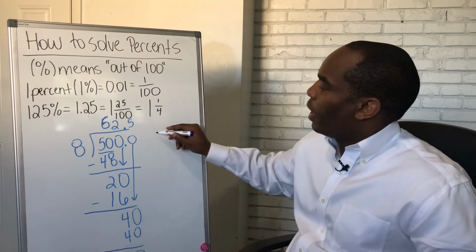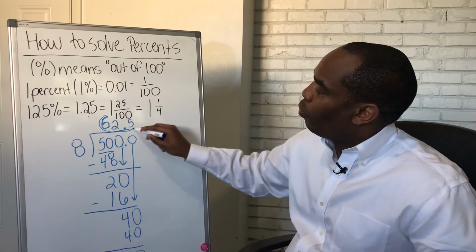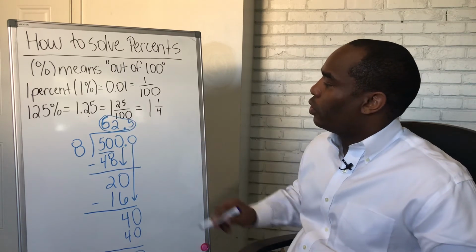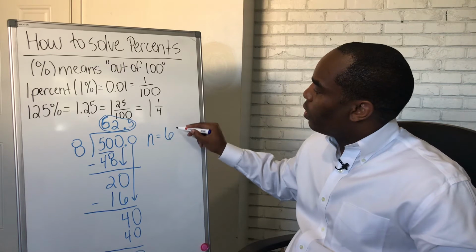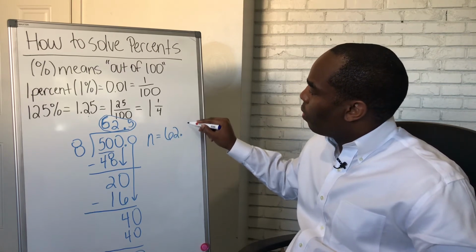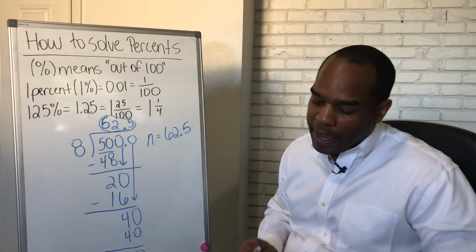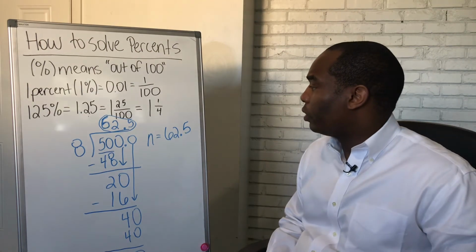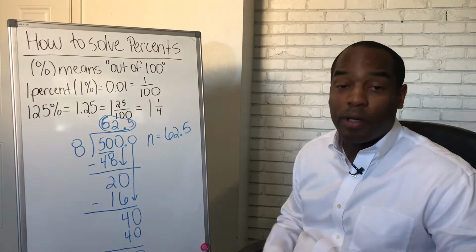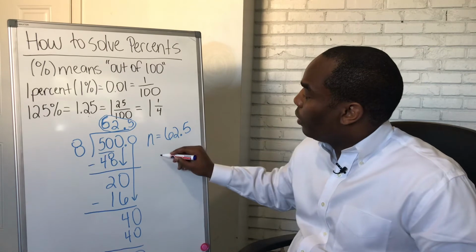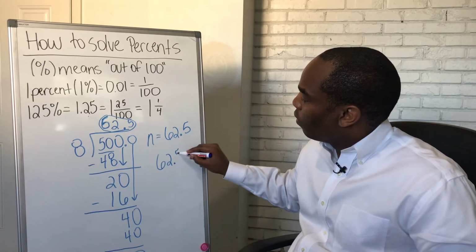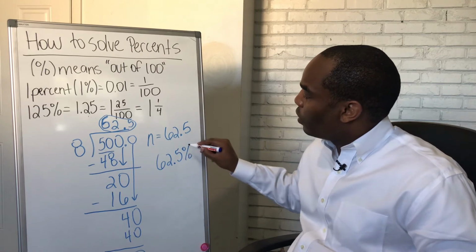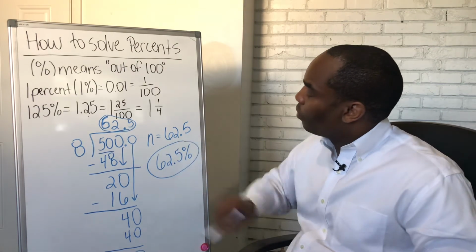And so we have our answer, 62.5. So n equals 62.5, and we know that is a percent. So we can say our answer is 62.5%. There's our answer.